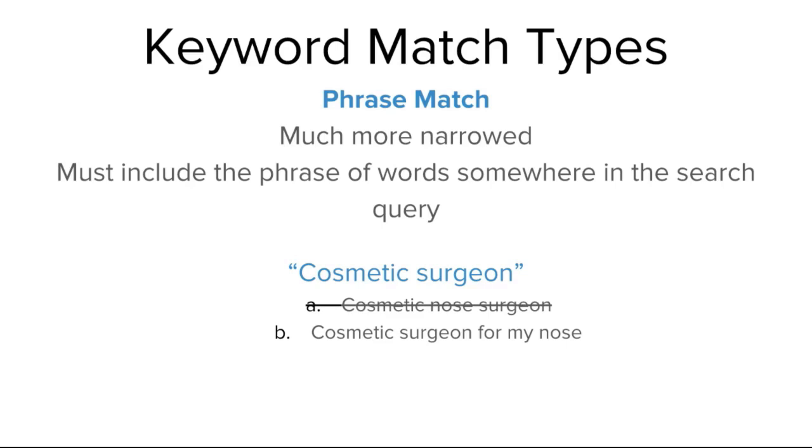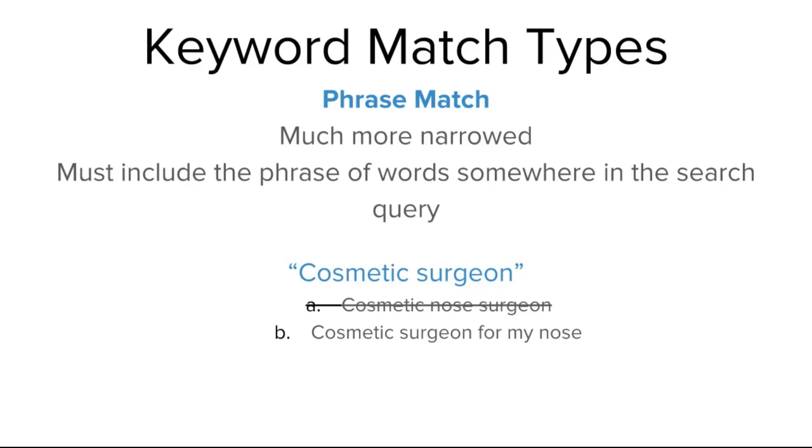Now, with phrase match, it has to be in that order, and nothing can be between the words either. So with our broad match modifier, you could have had a word in between the words cosmetic and surgeon. It would have still triggered. With phrase match, it has to be exactly what's in between the quotes. So here you have the cosmetic nose surgeon.